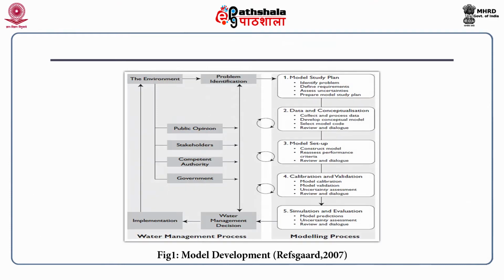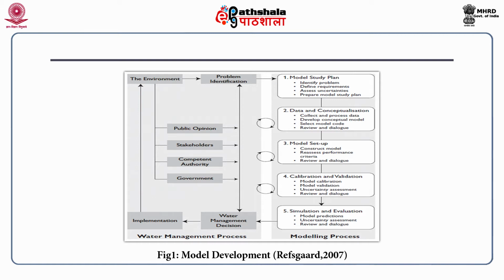Now if we take a look at this typical model, what we see is that we have the problem identification stage. In the problem identification stage, we try and find out what it is that we want to do with the model, and then the second step is the conceptualization stage, and then we have the model that we set up.